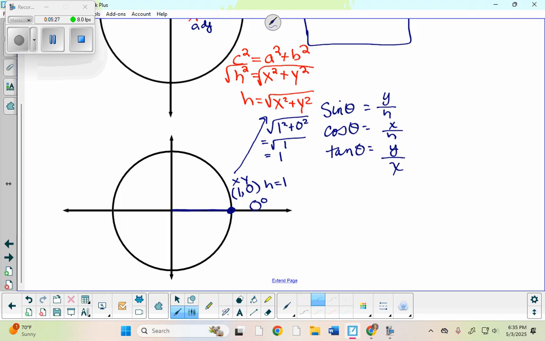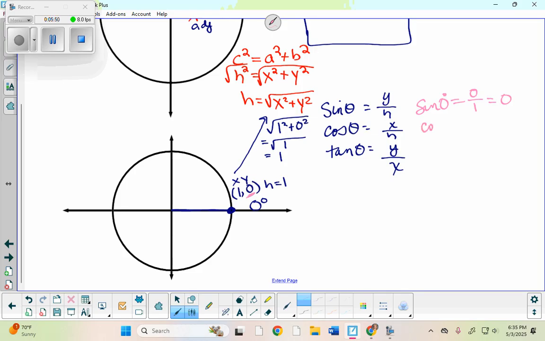Now from there, you can just substitute the x, the y, and the 1 into these equations. So the sine of 0 would equal the ratio y over h. Your y value is 0, I'm getting it from right here, over h, which is 1. So that's 0.